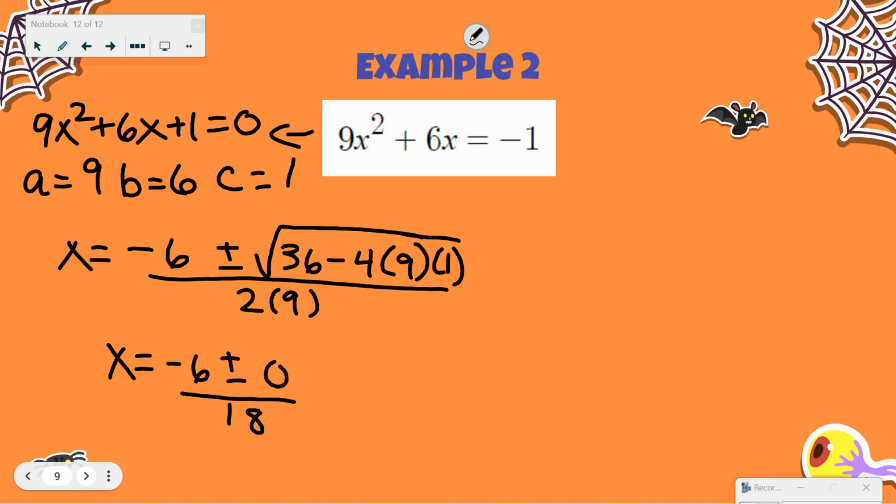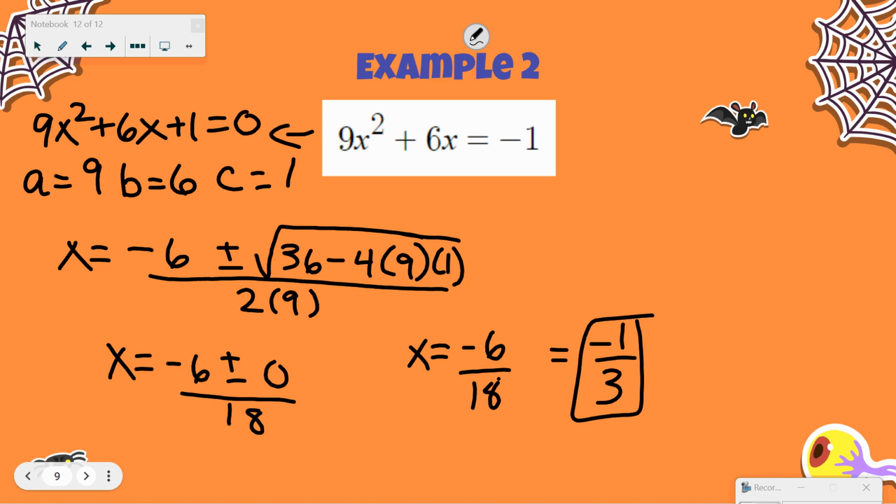So this is really where you're at right here. You have negative 6 plus or minus 0, all divided by 18. What's going to happen if I have plus 0 and minus 0? It's nothing. So my only solution is really going to come from just negative 6 over 18, which I know is going to simplify to, good job.